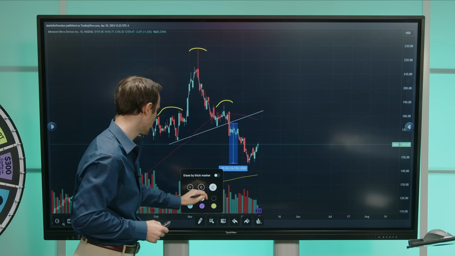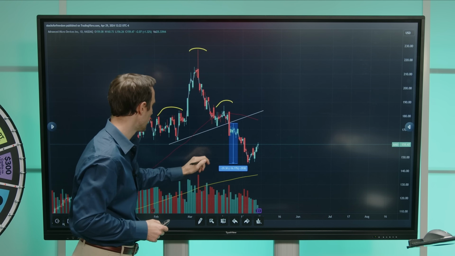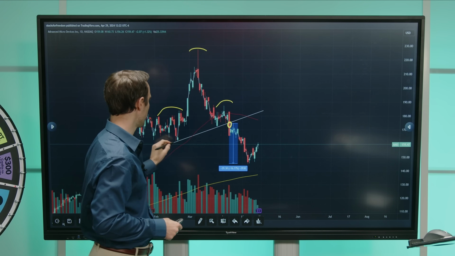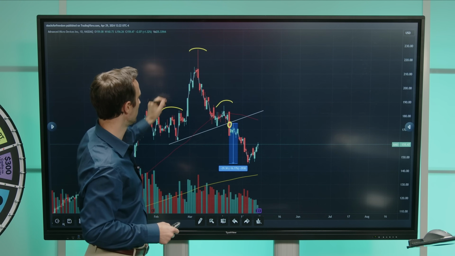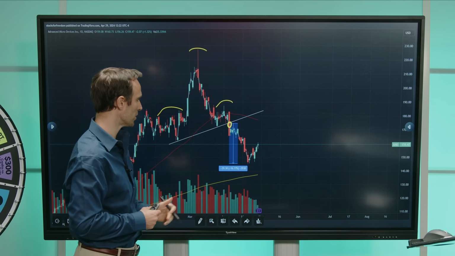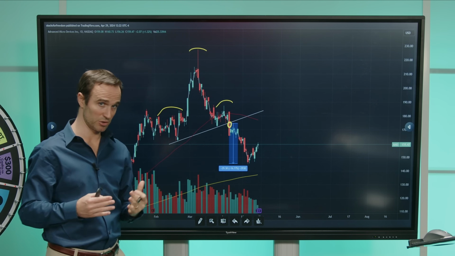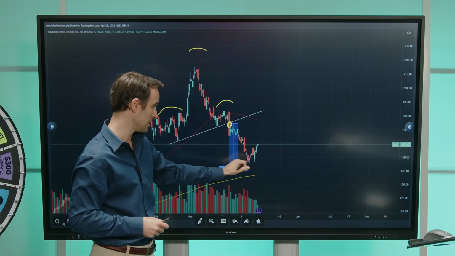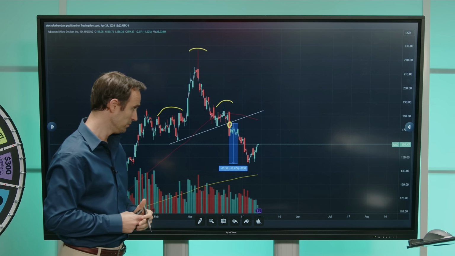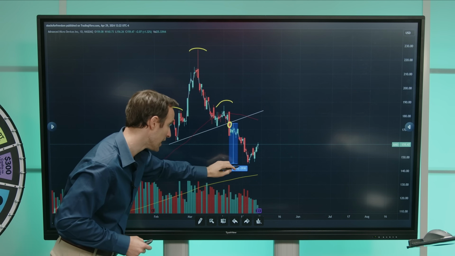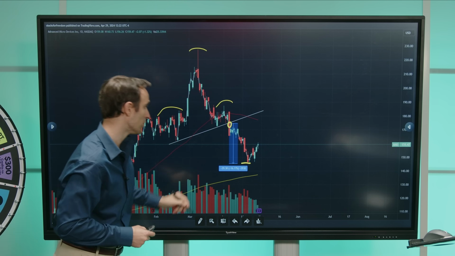So you look to enter right in here, all right? So you have your neckline, upsloping neckline, your left shoulder, head, right shoulder, and you would look to swing this down for about 10 to 20%. You can see right in here, you had a move from about 175 down to 145, right?